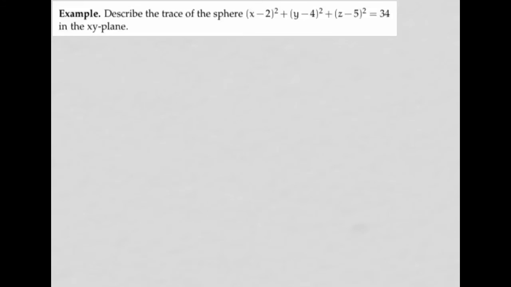Final example. Describe the trace of the sphere x minus 2 squared plus y minus 4 squared plus z minus 5 squared equals 34 in the xy plane. Now, since the sphere is a two-dimensional surface and the xy plane is a two-dimensional surface, the trace, which is the intersection of both surfaces, is going to be a one-dimensional curve.